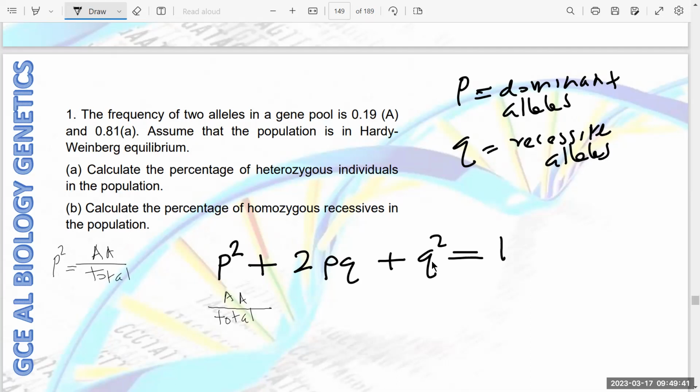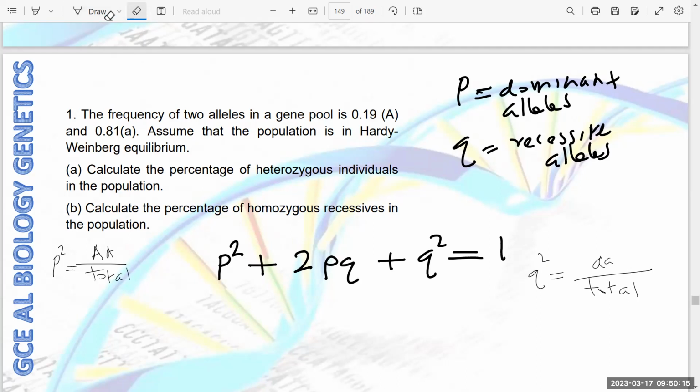Now Q squared. Q squared is again total and recessive. Recessive in the sense simple A. So then we can write Q squared equals the total population divided by how many of them are homozygous recessive. Okay, then 2pq.